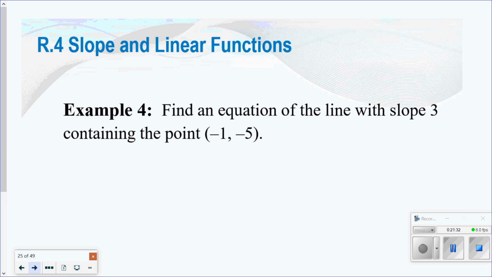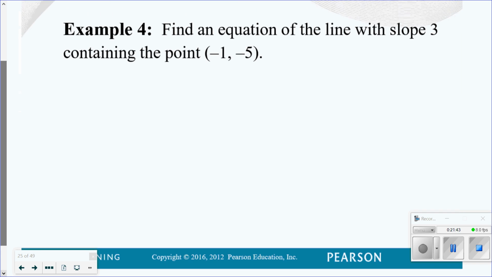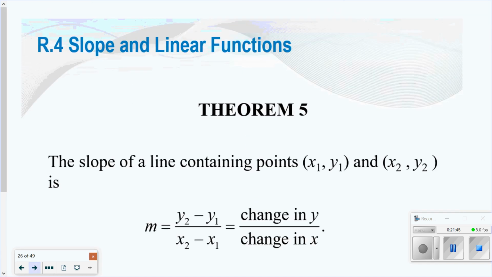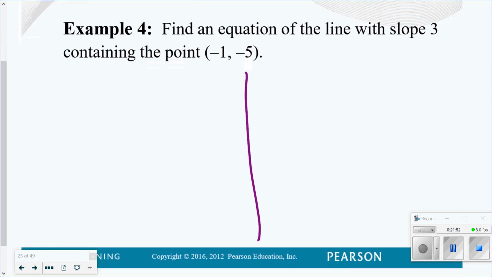We want to find the equation of a line with a slope of 3 containing the point (-1, -5). This will be the slope-intercept side.